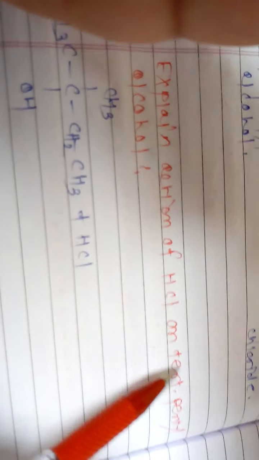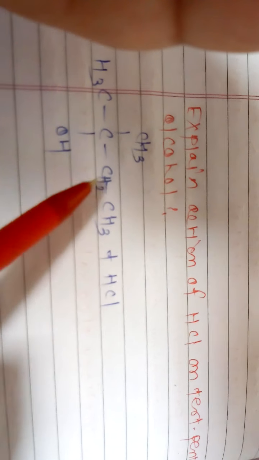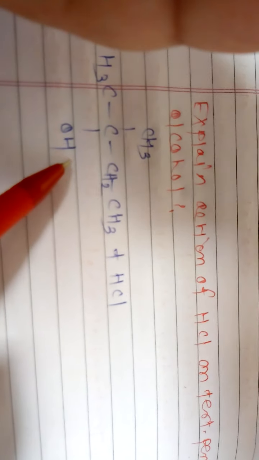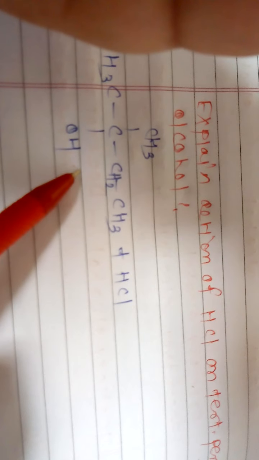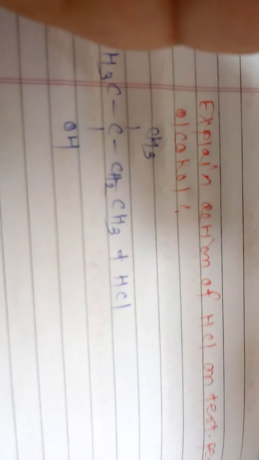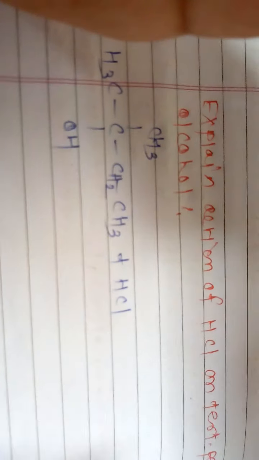Now let's discuss: explain the action of HCl on tertiary pentyl alcohol. Tertiary pentyl alcohol is a tertiary alcohol. The tertiary alcohol's reactivity is more, and therefore here we are taking tertiary alcohol.